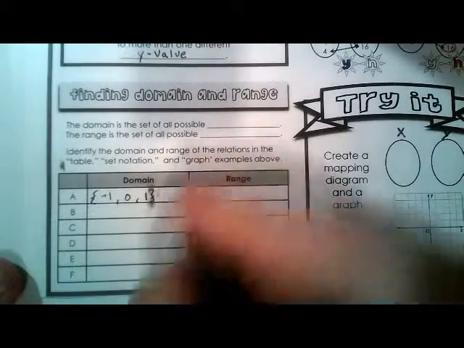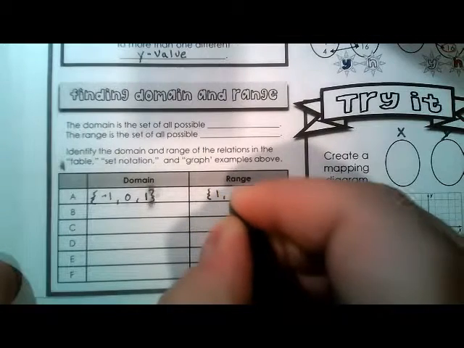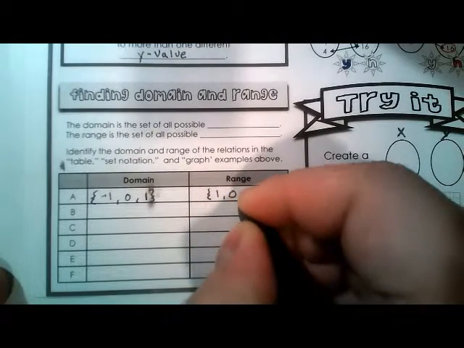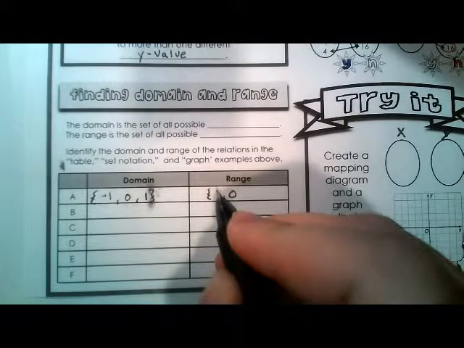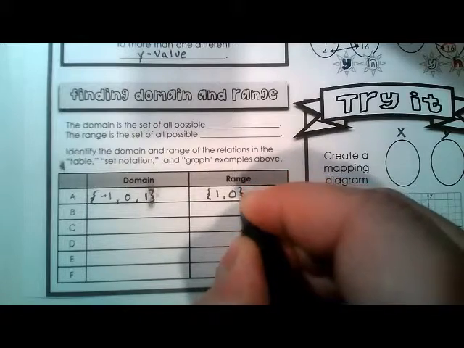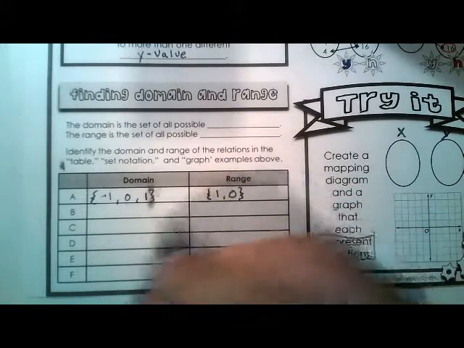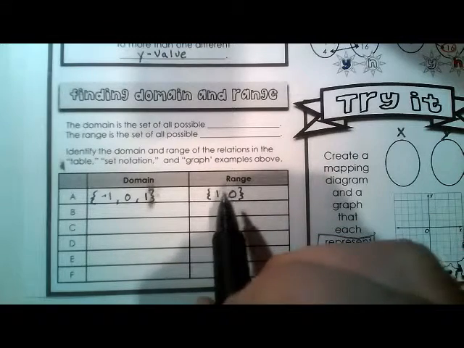Now, as I start to make the range, I've got 1, I've got 0, do I really have to write the 1 again if it's already listed? And the answer is no, I don't. I don't repeat values when I make these lists because they're just a list telling you what numbers are in the range.